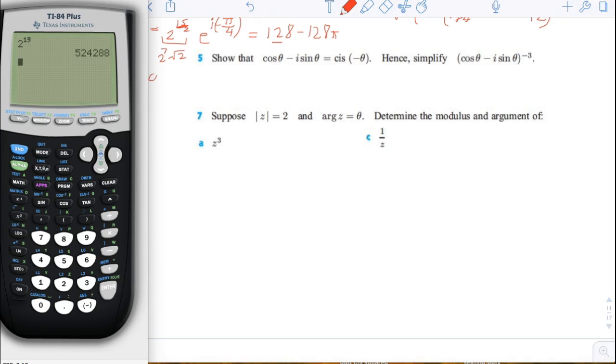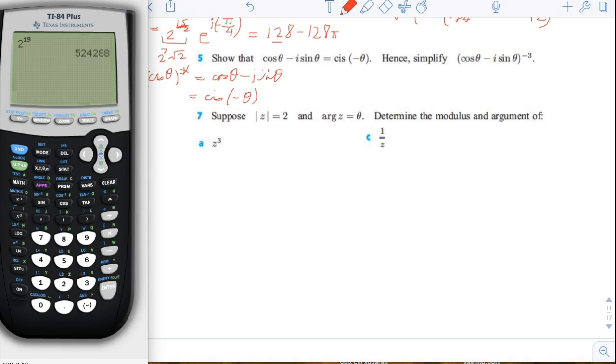So maybe that's how we could say it. We could say cis theta conjugate is equal to cosine theta minus i sine theta. And the conjugate is also equal to cis negative theta.